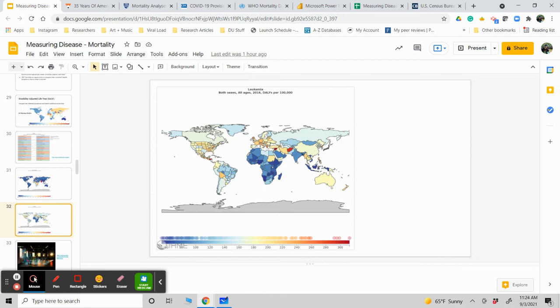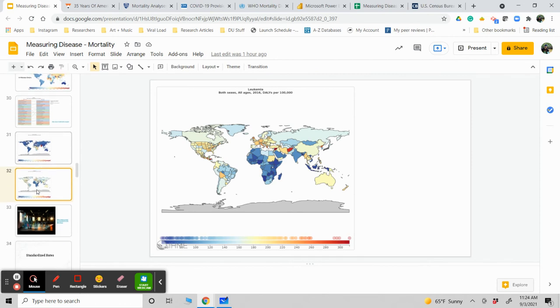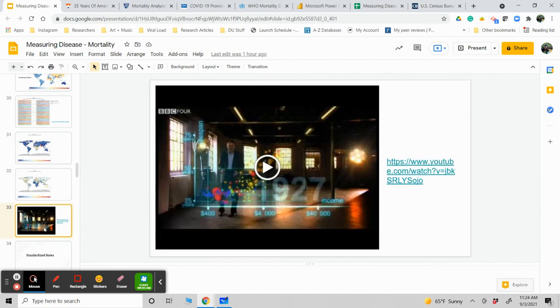And you can see where in the world leukemia has the biggest impact. If you want to watch, and I recommend this video, it's a short one, it shows how these indicators can be used to really tell stories and look for patterns in the health of populations.